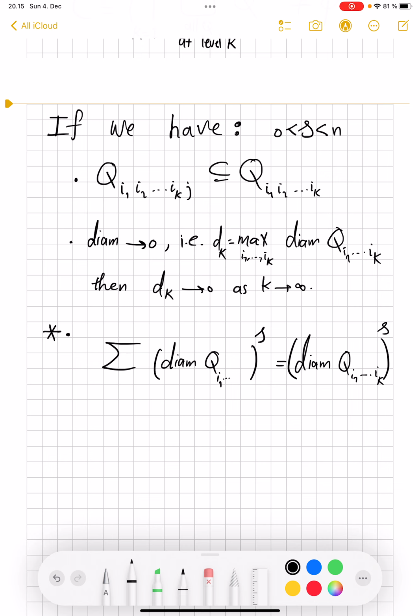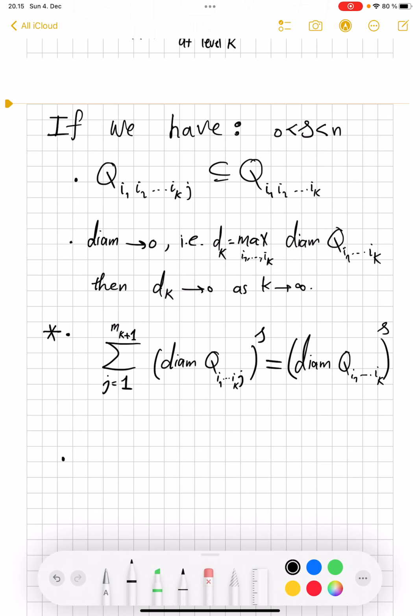So I1 to Ik, again the same value here as here. We add the index, that means we're looking at all the babies of this cube, and their diameters we raise to s, and then we sum over j. So m_{k+1} many of these we had. We require this to be precisely equal.